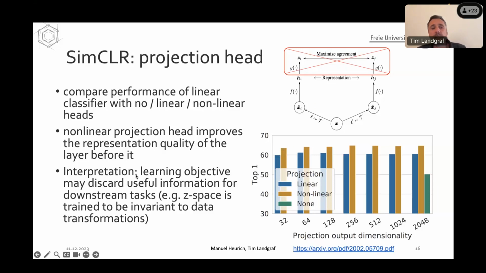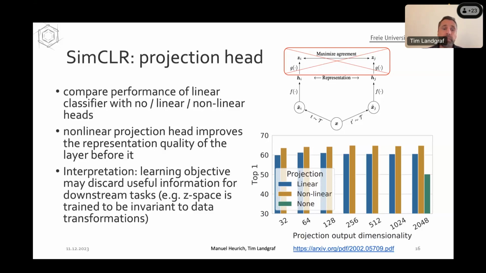So the interpretation is that the learning objective, so maximize similarity between positive pairs while minimizing the similarity or maximizing the distance between negative pairs in this kind of fashion, may discard information that is useful in downstream tasks.